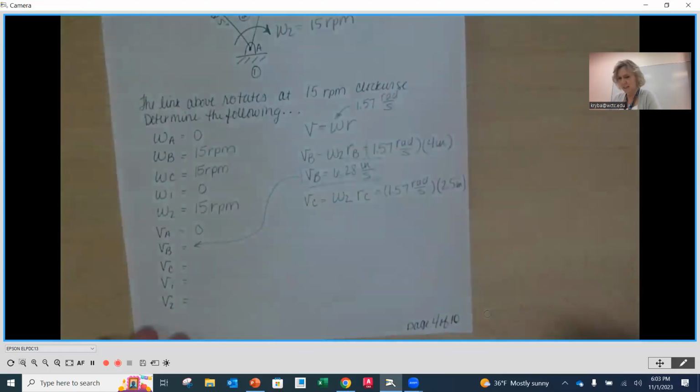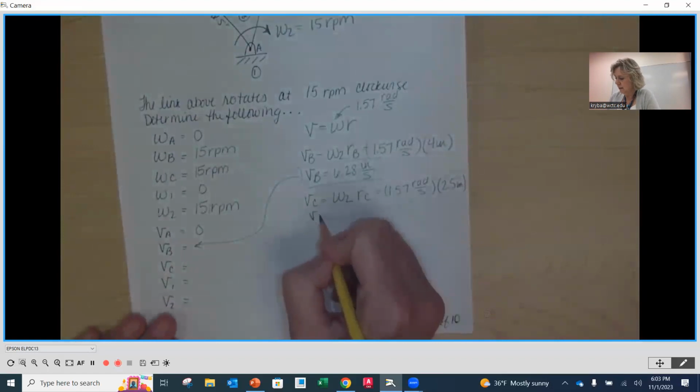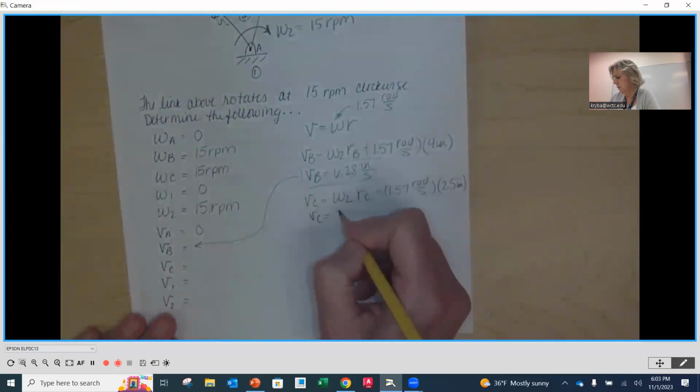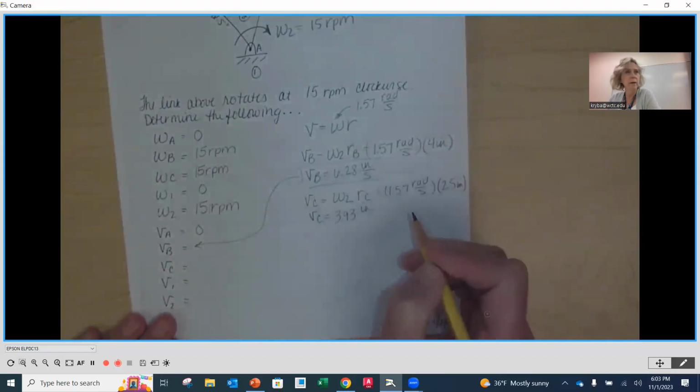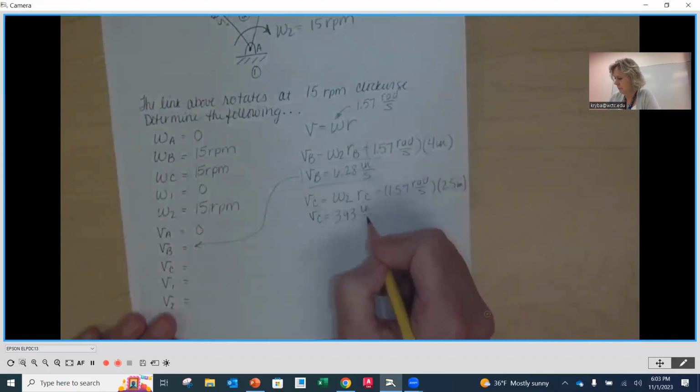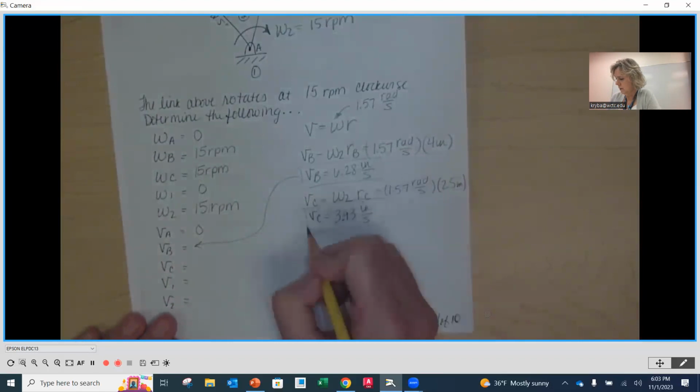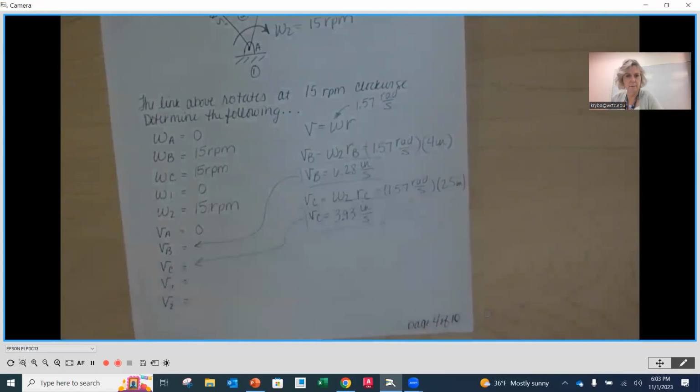So my velocity at C, what did you guys get? Yep, 3.93, right? There we go. These are fun, aren't they? They're not bad. All right. Any questions on either one of those two? All right, cool.